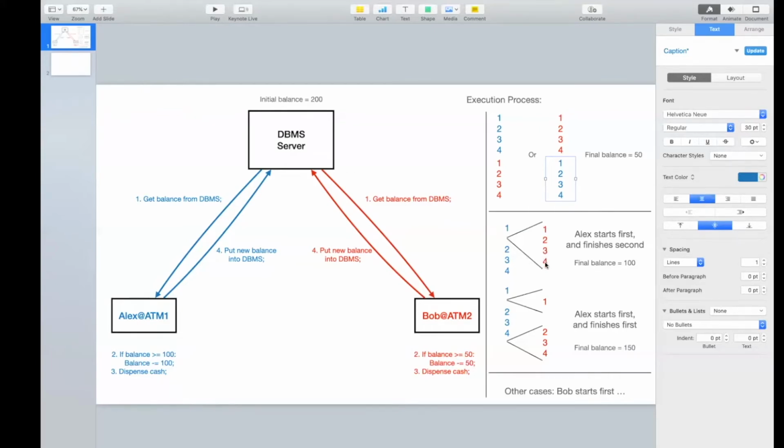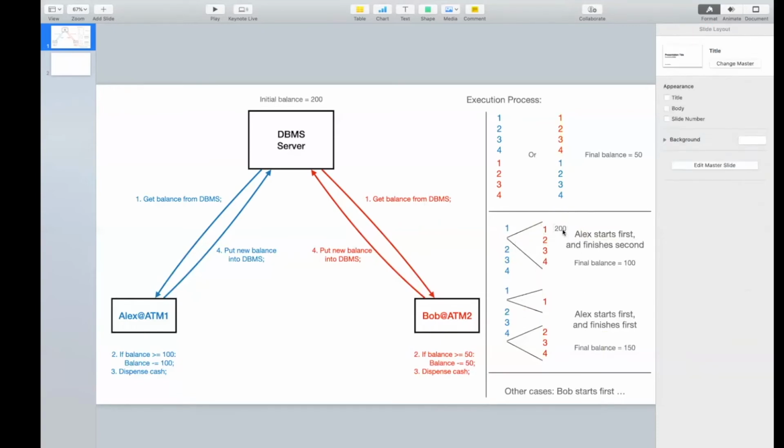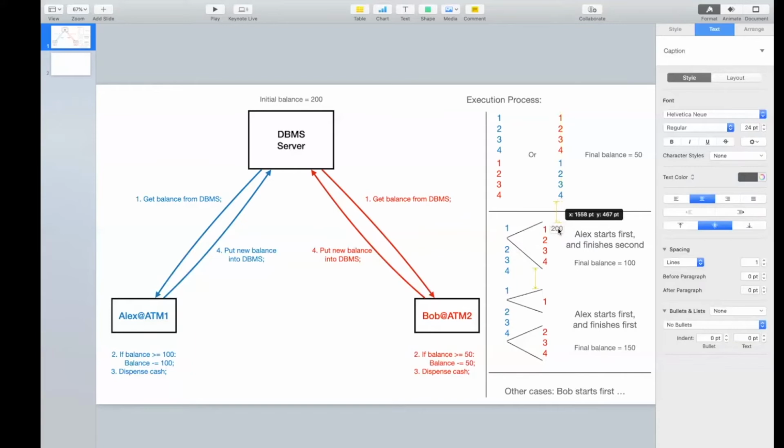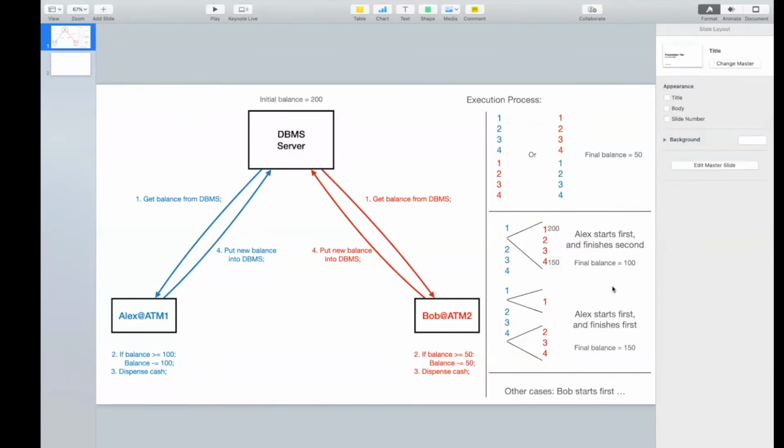For Bob's transaction, after step 4, the balance we write back should be $150, because the balance Bob has here is $200. After we finish Bob's transaction, the balance is $150 and we write it back to the DBMS server, right? And we continue with Alex's transaction, step 2 to step 4, and we write back.